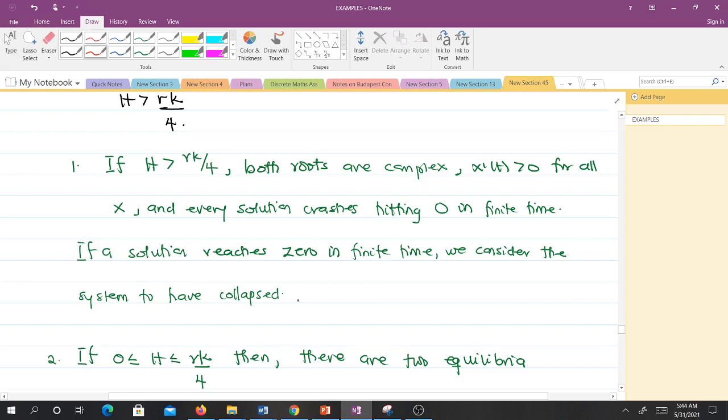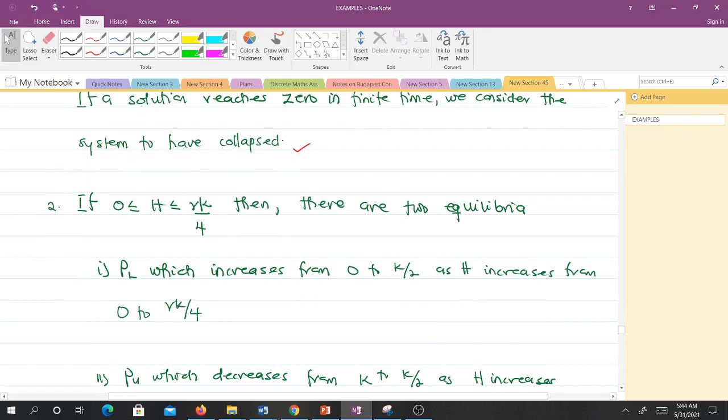Do you get it? Okay, so when h is between 0 and rk on 4, then there are two equilibria. So we have the PL, which we have already found, which increases from 0 to k on 2 as h increases from 0 to rk on 4.